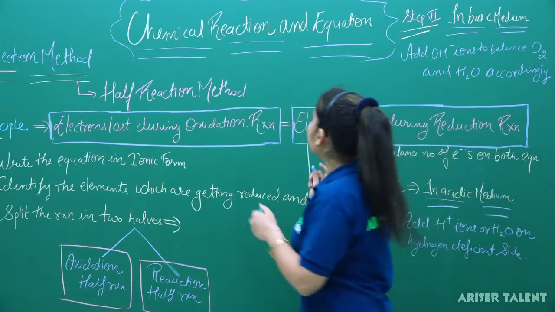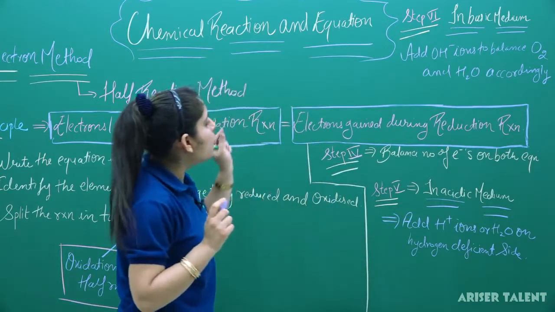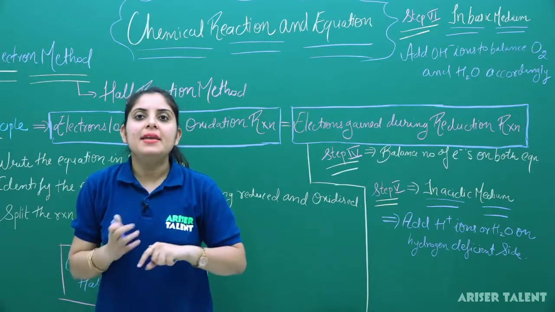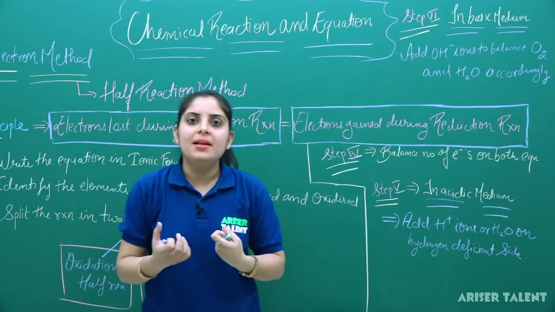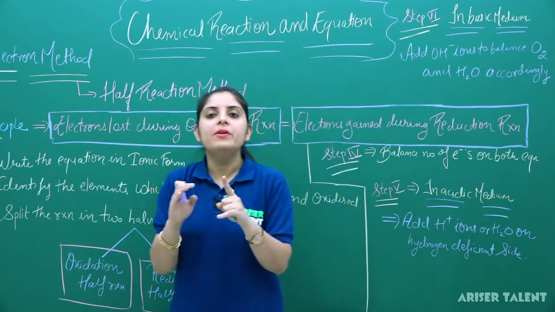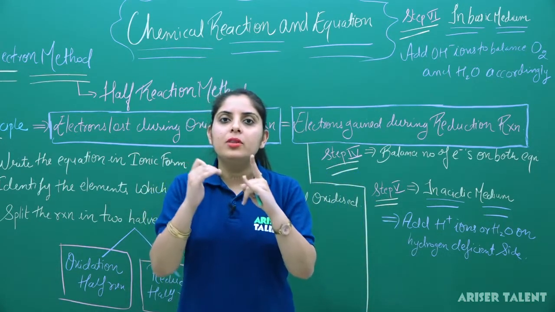So this will be our step number 6, in which we add OH minus ions to balance hydrogen and oxygen. Now our hydrogen and oxygen are balanced, and we will add oxygen and hydrogen according to the reaction. Now we will add both the half reactions.